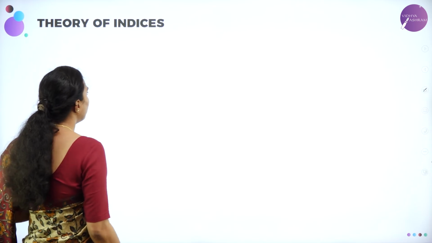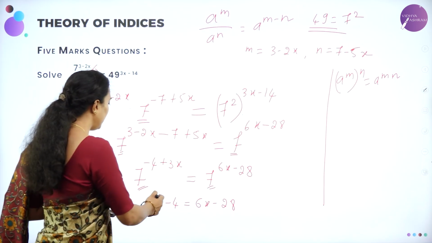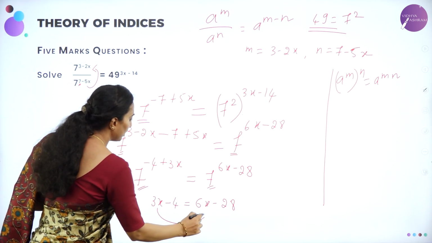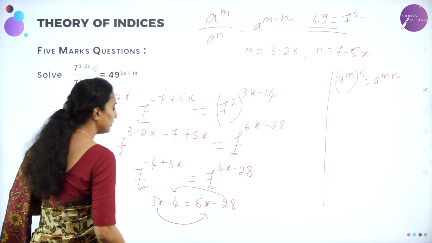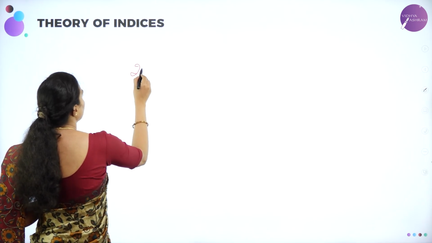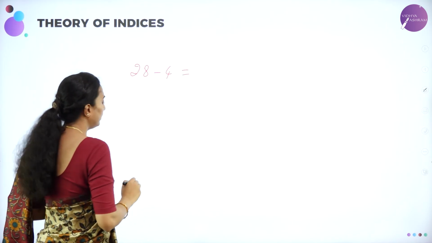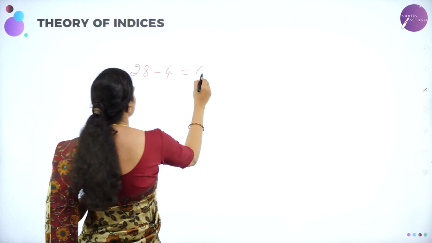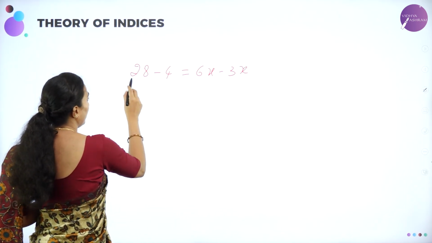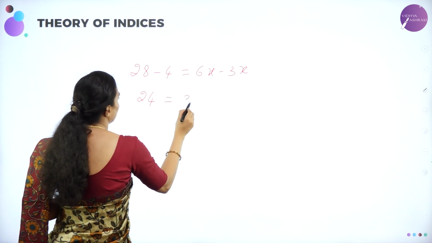So what can I solve? Bring all the x terms to one side and all the constants to the other side. I am going to take 28 to this side, and 3x to the other side. So it becomes 28 minus 4 is equal to 6x minus 3x. 28 minus 4 is 24, and 6x minus 3x is 3x.